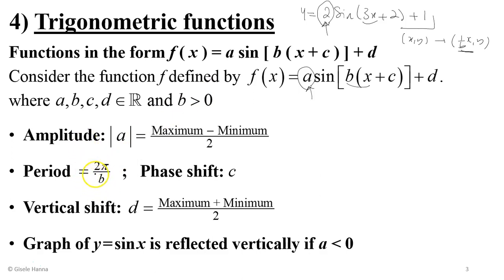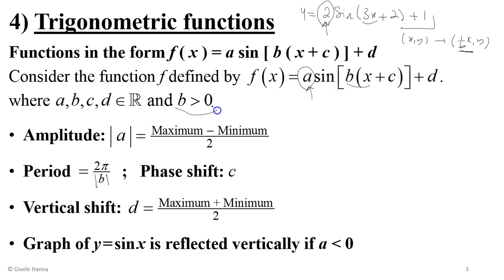However, over here it's very important. I think we're missing an absolute value here. The period is 2 pi over the absolute value of b because the period represents the length of the interval, and the length of the interval cannot be negative. So b over here is a real number, it could be negative.